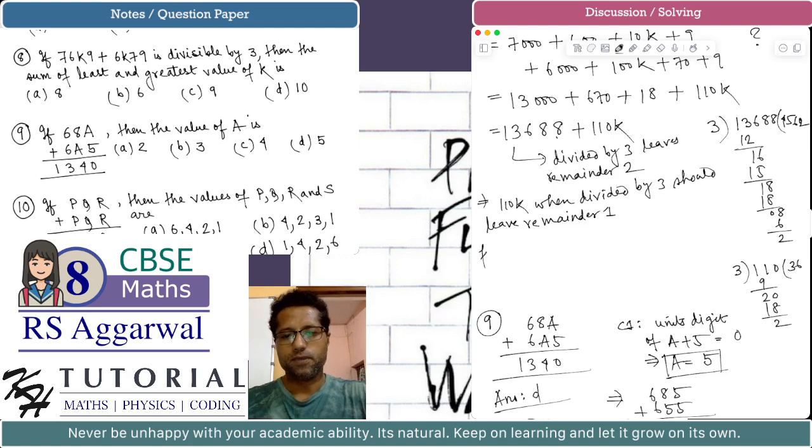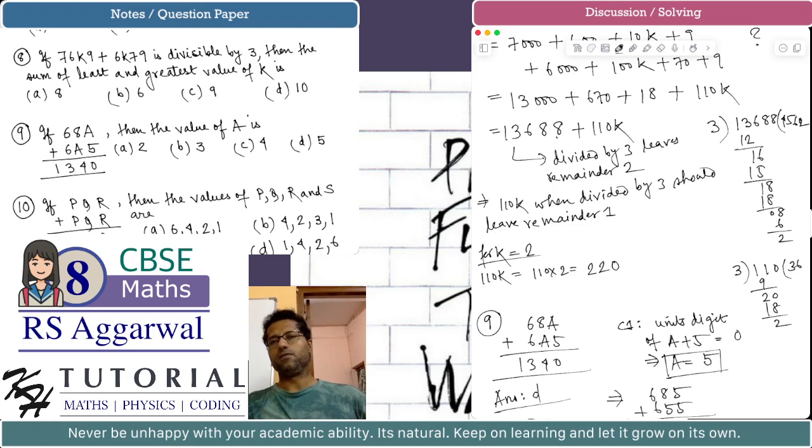So for k equals 2, 110k is equal to 110 into 2, which is 220, and we can see that 220 when divided by 3 leaves a remainder of 1.